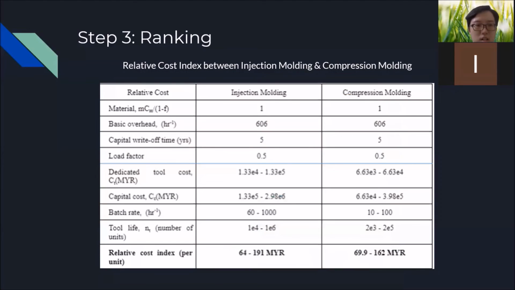Next, the relative cost index per unit is calculated. The cost of the manufacturing process will help the manufacturer to determine the cheapest and the most effective process by using an equation. In this table, the relative cost index per unit of injection molding is cheaper than compression molding.